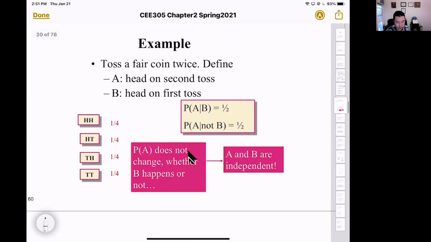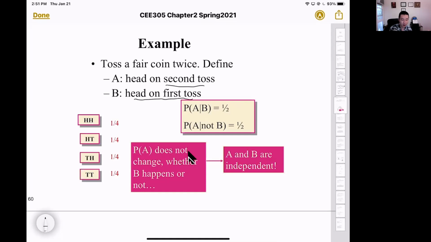For example, we toss a coin twice. We define event A as head on the second toss, and event B as head on the first toss. Let's see if these two events are independent or not. First of all, let's figure out all the possible outcomes.